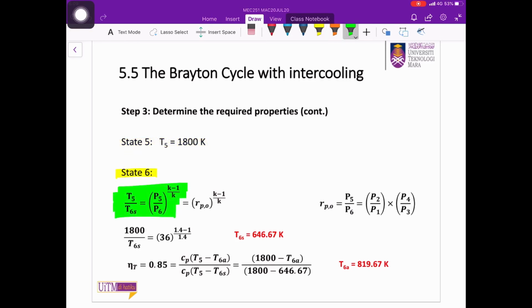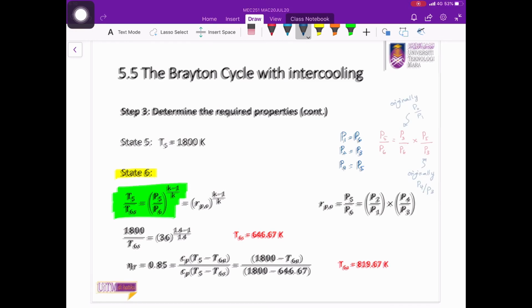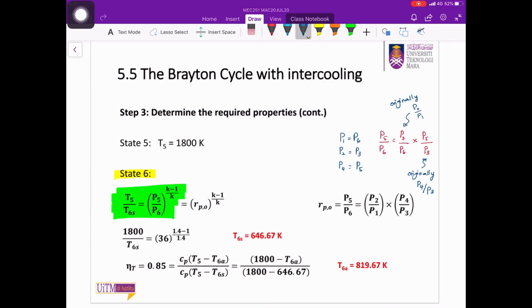For state 6, first we are going to find T6S by using the isentropic relation between the temperature and pressure. Since P1 is equal to P6, P2 is equal to P3, and P4 is equal to P5, we can have the relation of P5 over P6 is equal to P2 over P1 times P4 over P3.